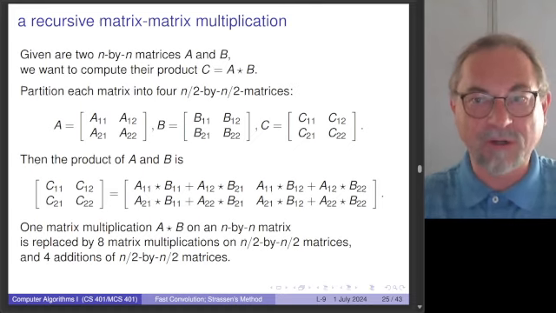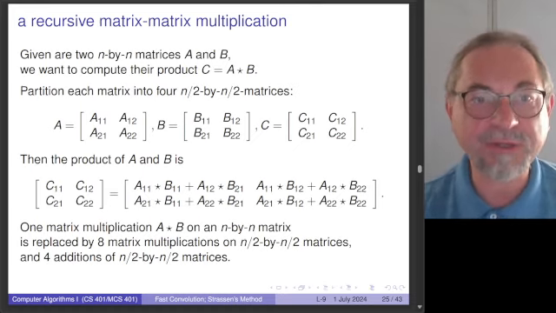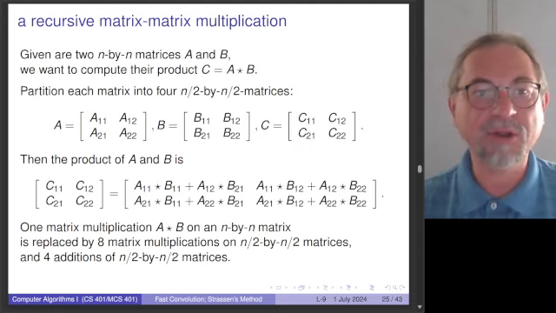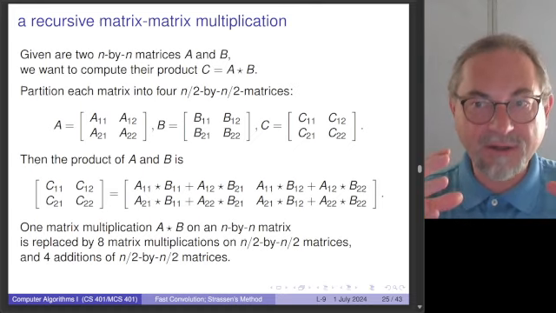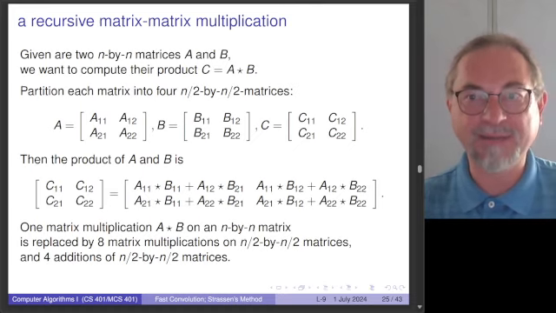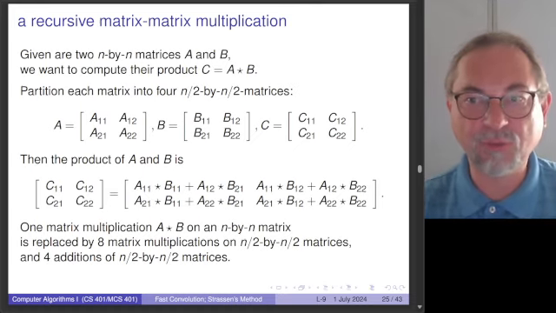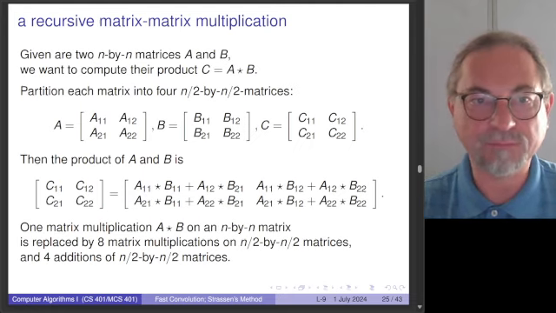Seems a lot of work, but it will pay off. So here for the problem of matrix multiplication, we take one product of matrices of size n, and we reduce this to multiplications of size n over 2. So how do we do this?